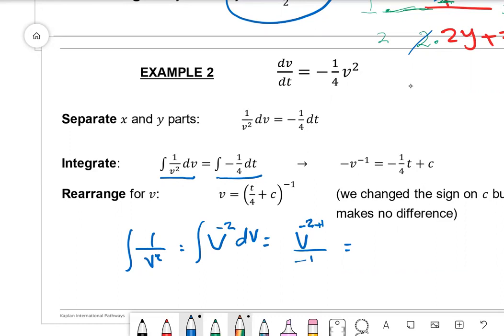So that's why we get minus v to the power minus 1, right? So equals minus quarter, and the integration of dt is t, so it's minus quarter t plus c. This is the constant of integration. Any questions so far? No?